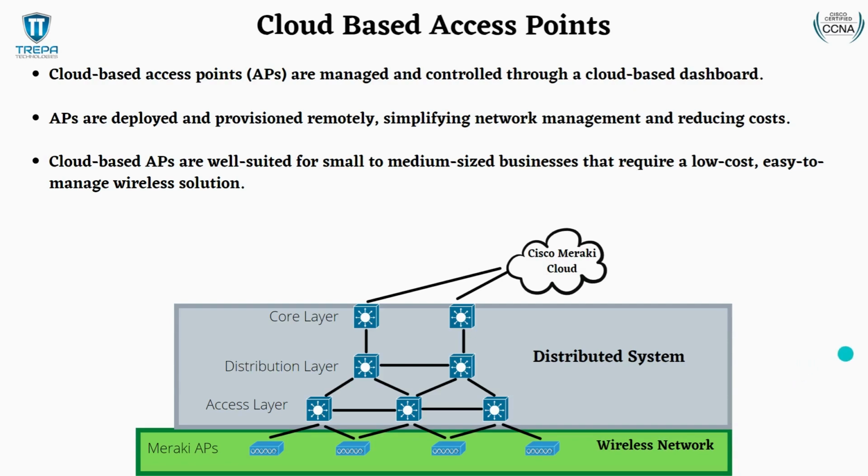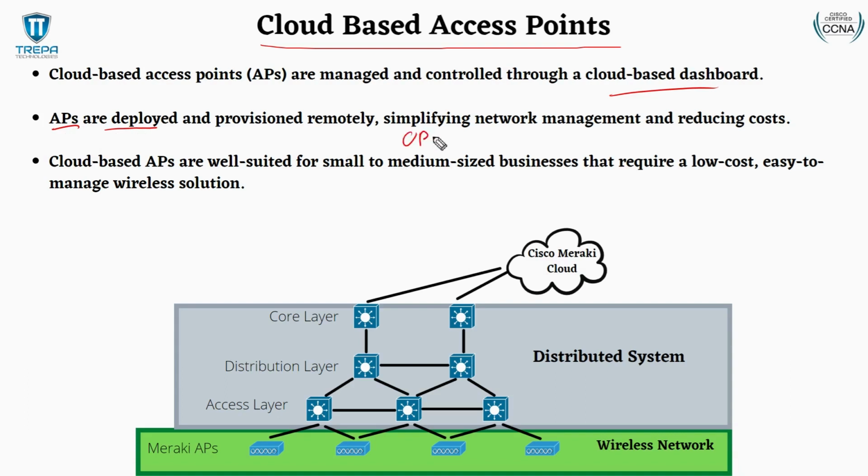All right, now going over cloud-based access points. So we just touched on autonomous and lightweight, and now cloud-based, I like to teach right after lightweight because very similar. So cloud-based access points are going to be managed and controlled through a cloud-based dashboard. And the access points that are being controlled by this cloud are going to be deployed and provisioned remotely, which is going to really simplify your management costs.